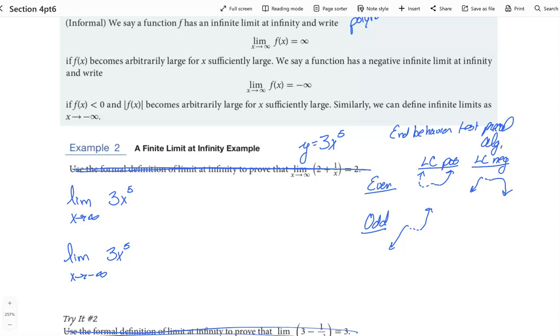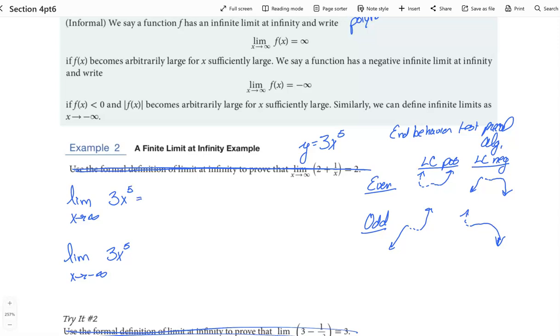Whereas with a negative leading coefficient, the left-hand side would point up, the right-hand side would point down. So if we look at this one, we have 3x to the fifth. This has a positive leading coefficient and an odd exponent, so we would expect it to look like this on the ends. So let's do this using calculus now.